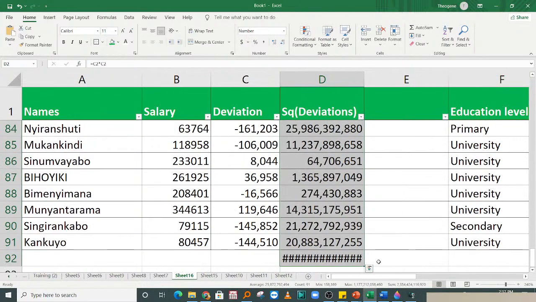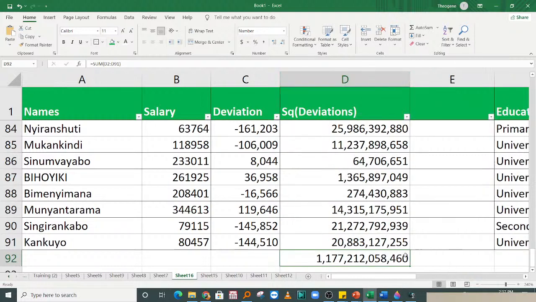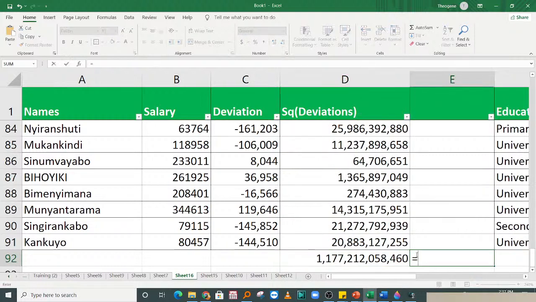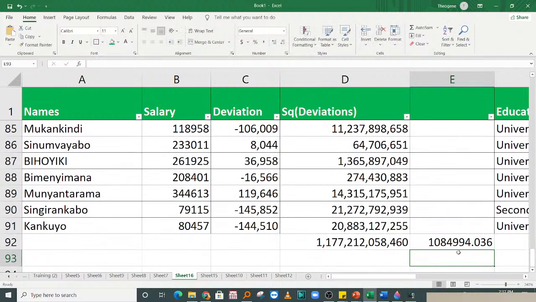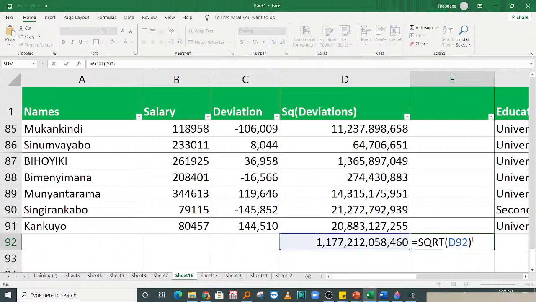After finding this number, I calculate the square root of this number. The square root of this is around this number.